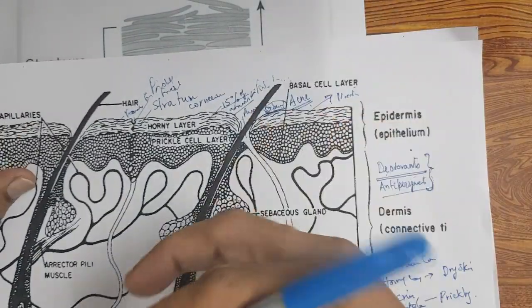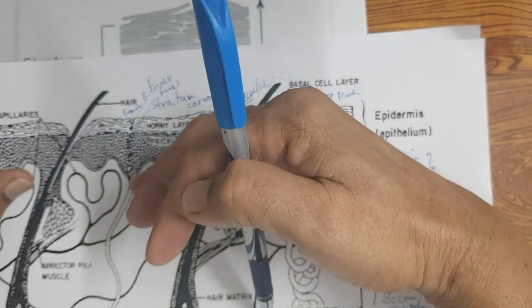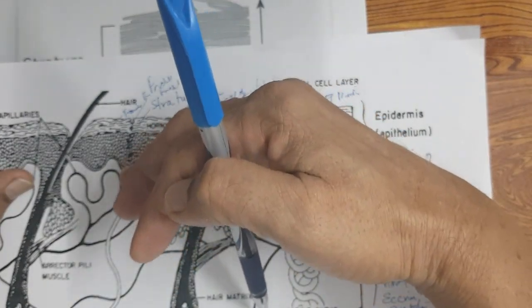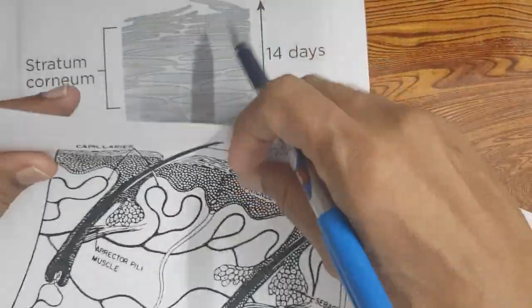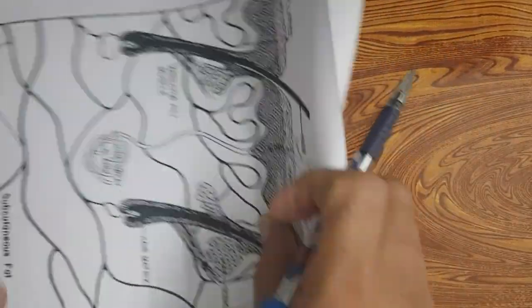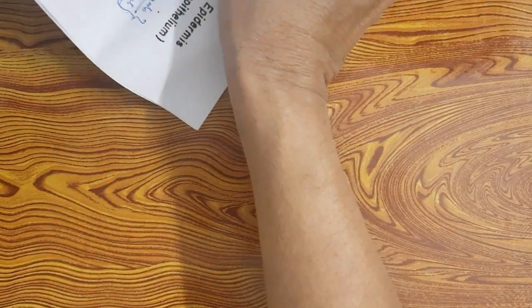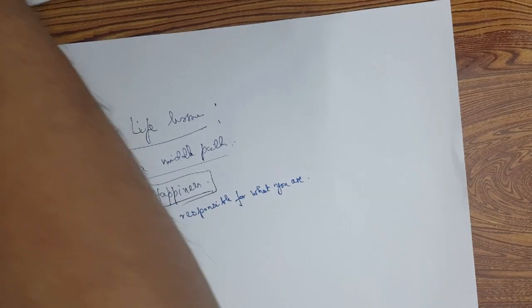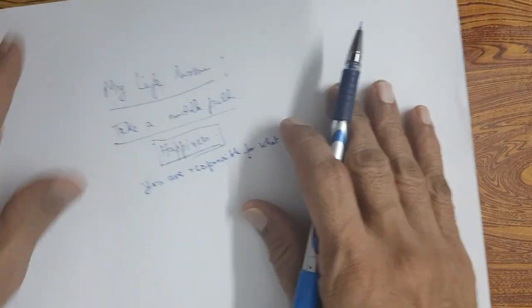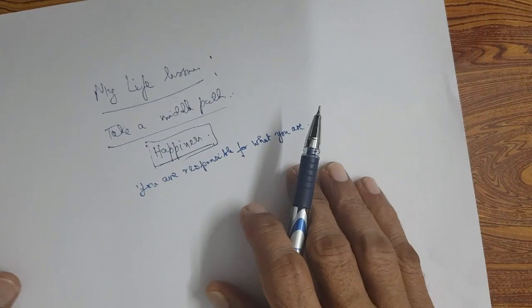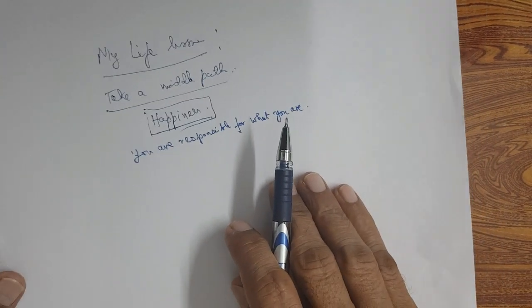This is a dynamic process. Some of the lower cells change into the horny layer and come out. This is how it happens. So, thank you. Today we have seen 4 major conditions of the skin that account for 4 major products in skincare.